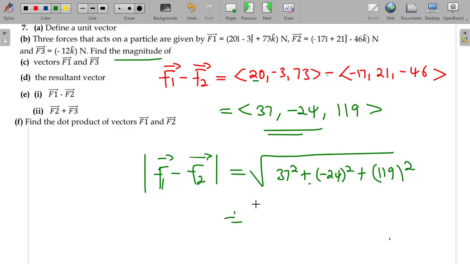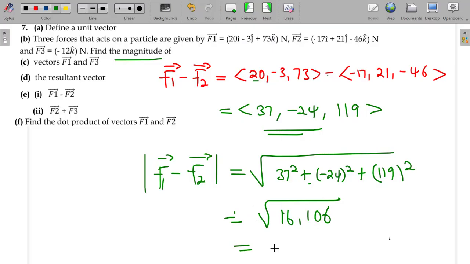So on my calculator, 37 squared plus minus 24 squared plus 119 squared. So that is going to give me the square root of 16,106. Okay, so we take the square root of this.